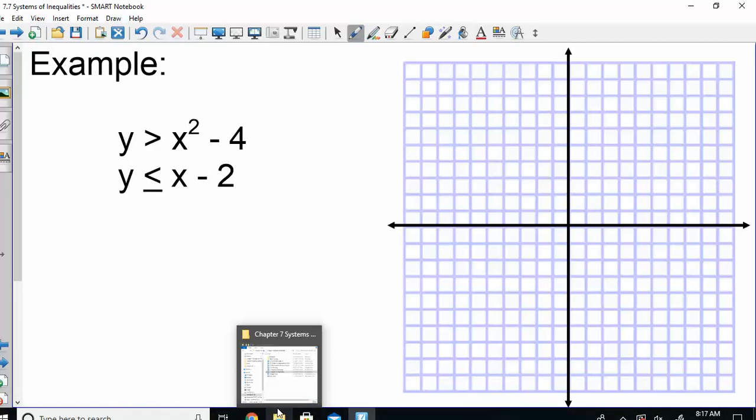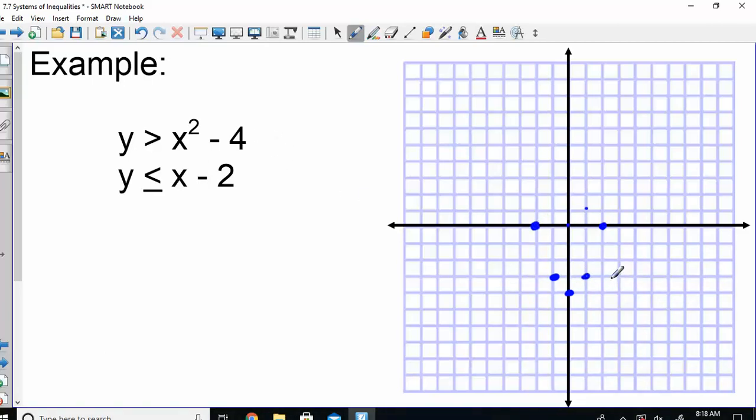What does the -4 do to your parabola? Shifts it down 4. So if you know what a parabola looks like and you recognize that, you could just start plugging in points, like you'd have 0, 0, move down 4, 1, 1, move down 4. If you put in a 2, you get 0. I always ask for a minimum of 3 exact points. You could also, if you need to, make your t-chart and just plug in some x values.